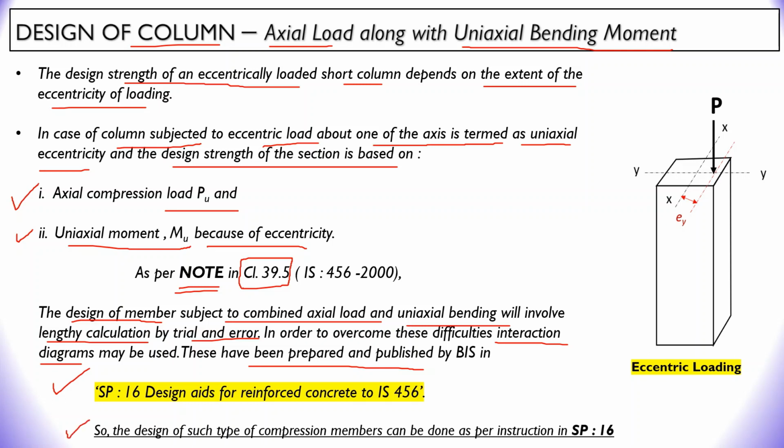Now the design of such a compression member can be done as per the recommendations or the curves or charts available in SP16. Today we have to discuss how to use those charts and what the various provisions or guidelines are which we have to adopt in designing a column loaded along with uni-axial bending.